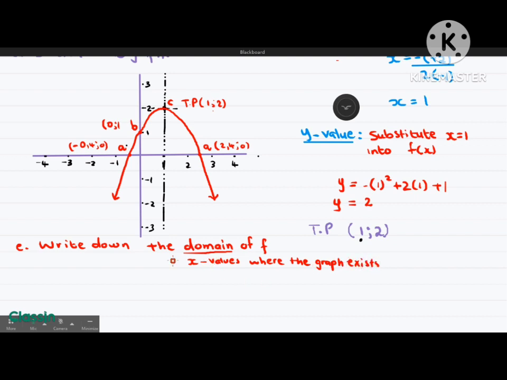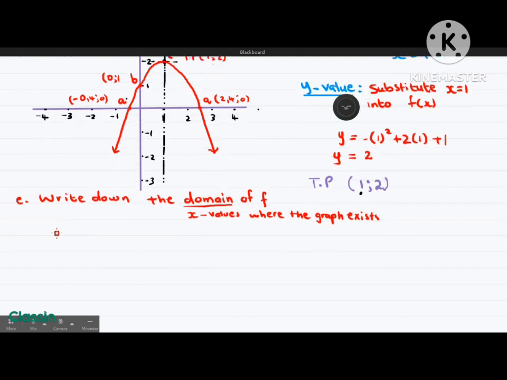So in terms of a parabolic function, for the domain, we will have X is an element of real numbers. This is what you write for domain.